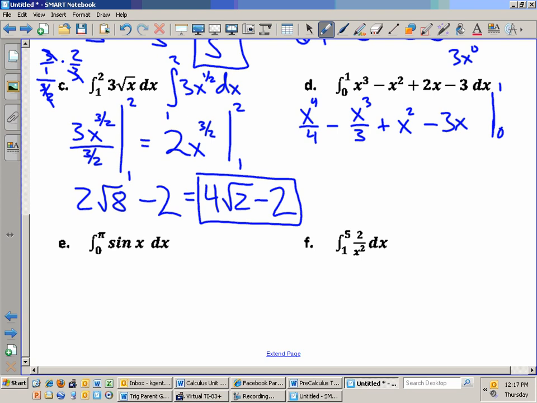Well, it would be, I did the x squared as x to the 3rd over 3, 2x squared over 2. So I evaluate at 1, I would have 1/4 minus 1/3 plus 1 minus 3, minus the function evaluated at 0. What's the function evaluated at 0? 0.